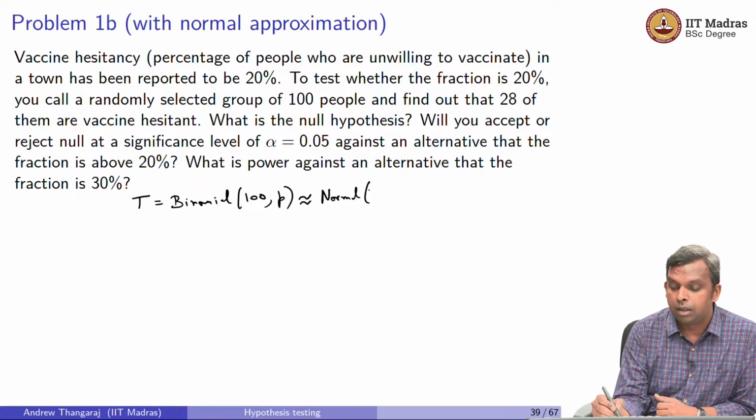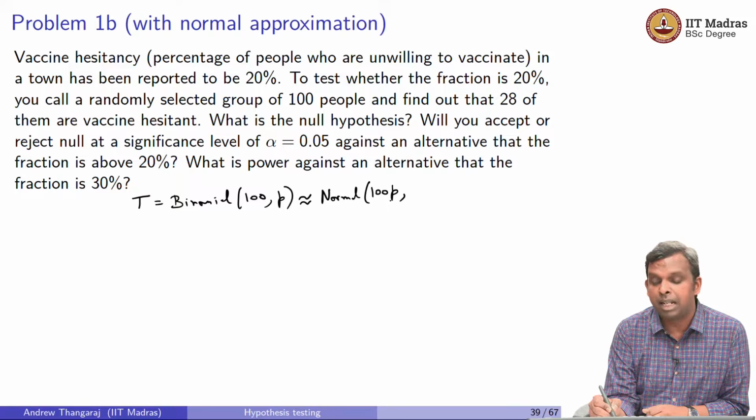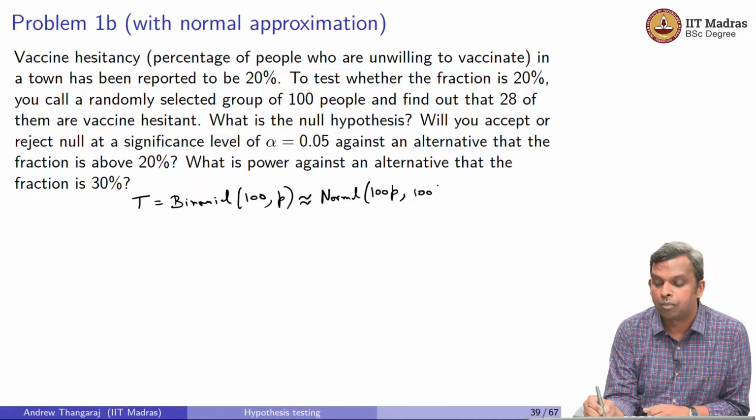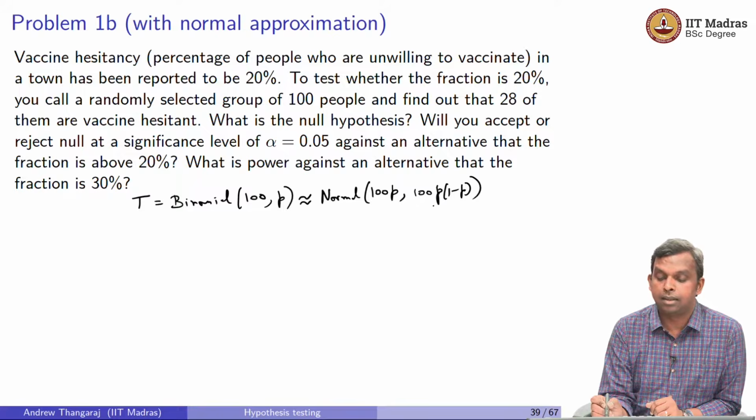You remember how the normal distribution works: n times the mean, n mu, and n times the variance, so 100 times p times (1 minus p). That's the normal approximation for this total. We'll make this approximation in our calculation.